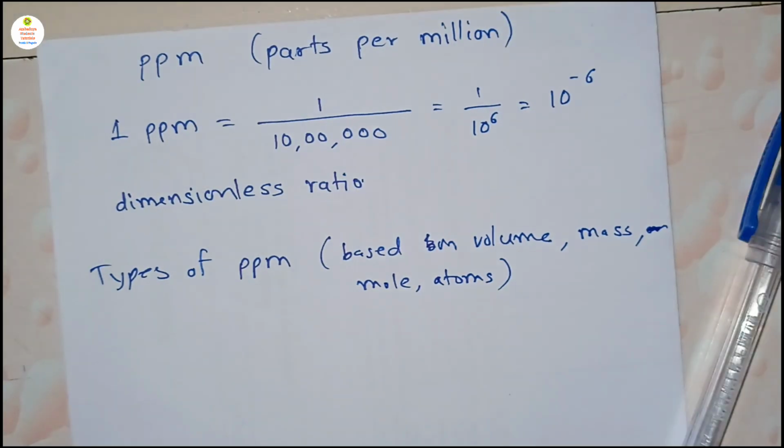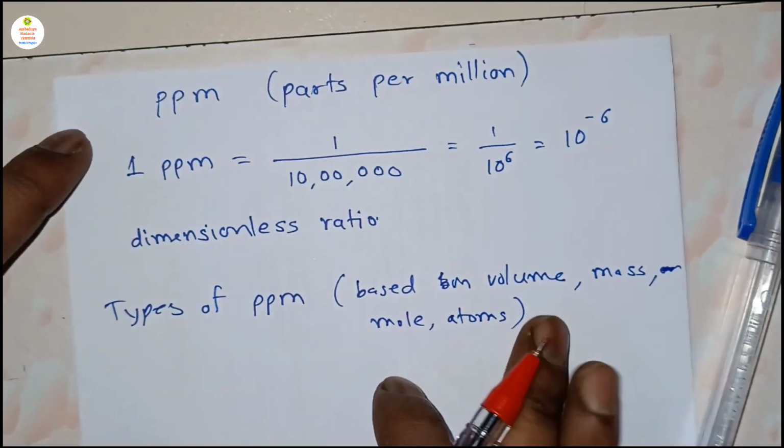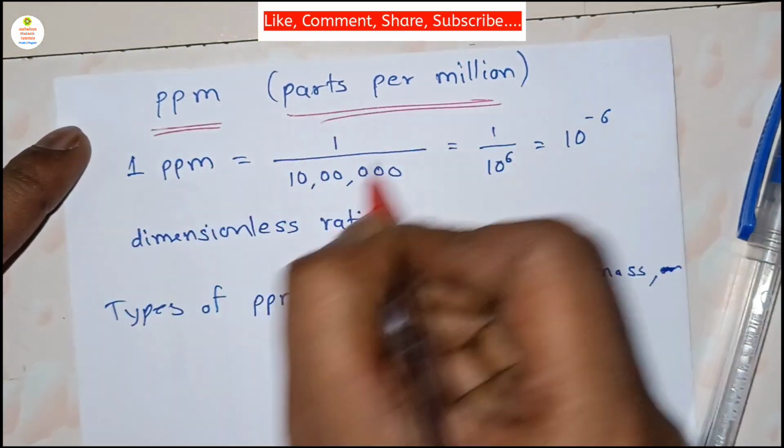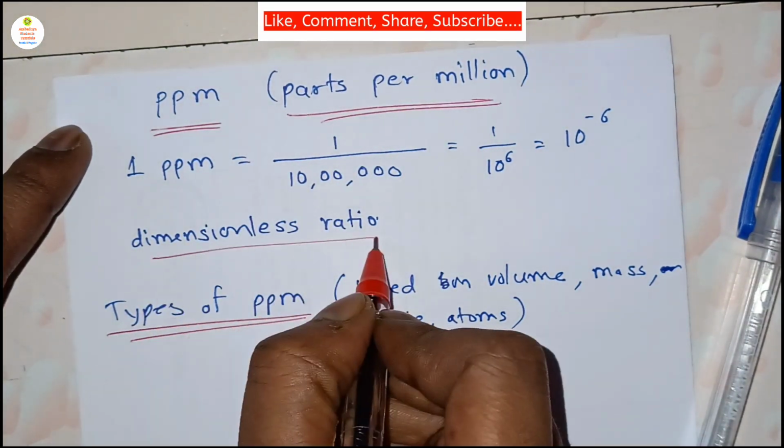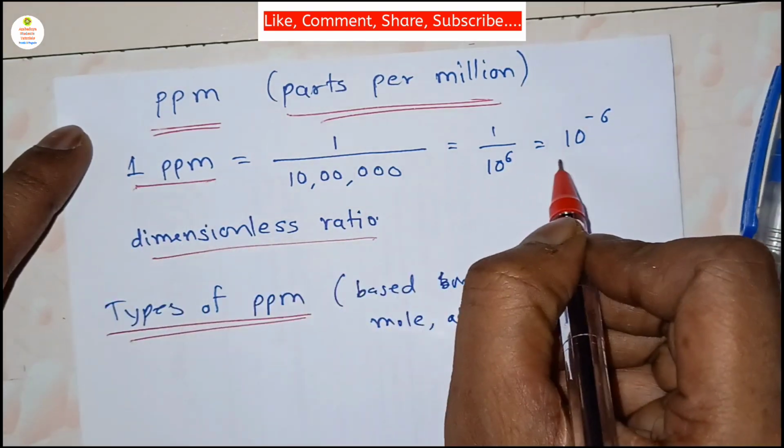I am just highlighting these parts. Types of ppm: dimensionless, 1 ppm.